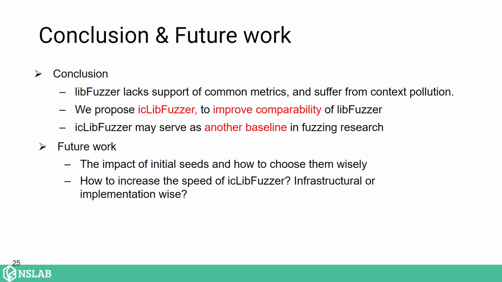Secondly, there might be ways to further improve the fuzzing speed of icLibFuzzer, for example, through implementational optimization, since the fuzzing speed is highly related to the code coverage in a fixed time. Thirdly, a cache-aware structure packing may be needed, as a misalignment of data structure may be a potential side effect of structure packing.